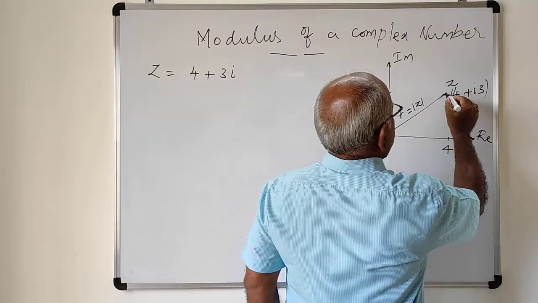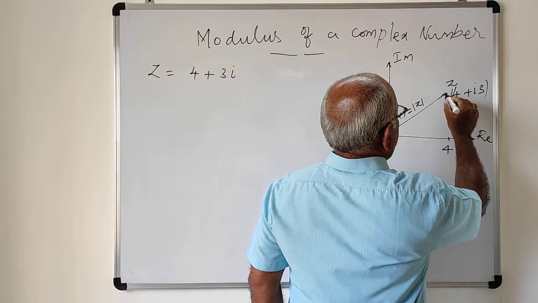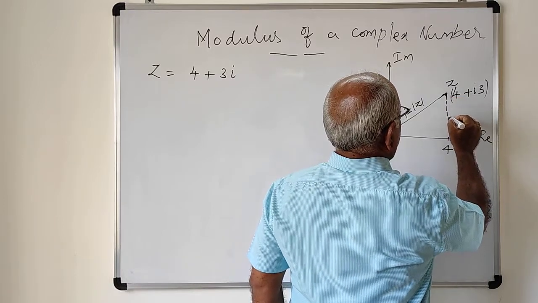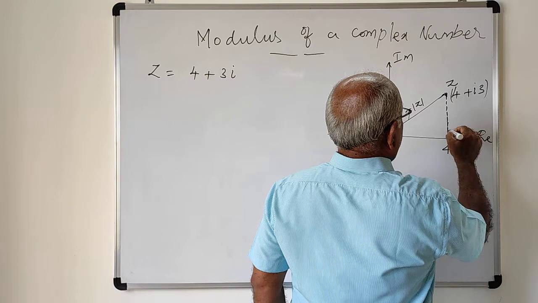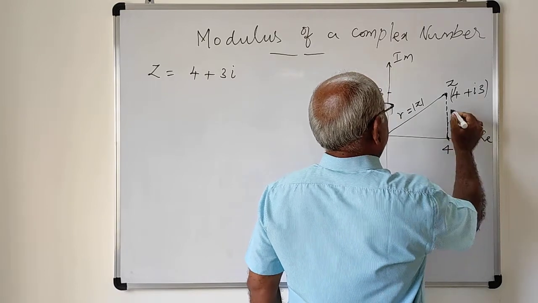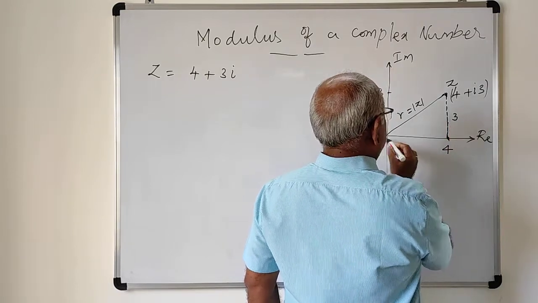Complete this right angle triangle. This side is parallel to the y axis. This distance is 3 and this is 4.